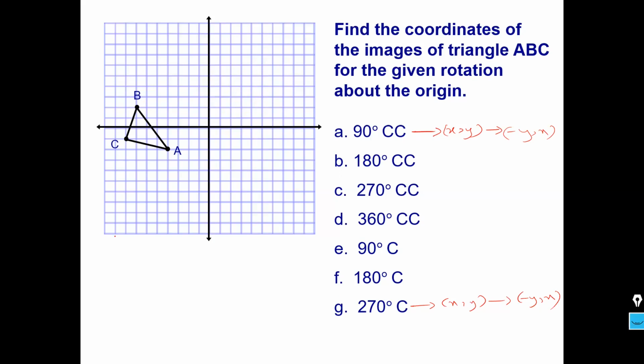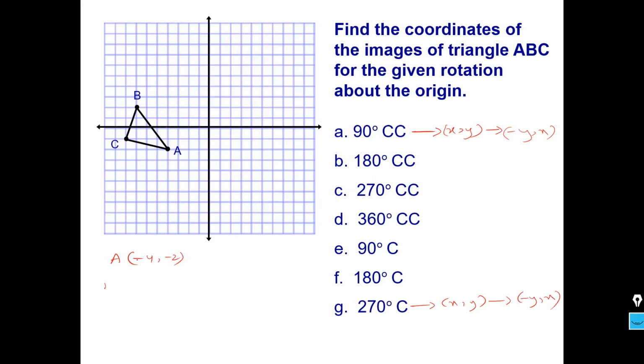First of all, we know A is 1, 2, 3, 4: -4 and -2. So A is -4 and -2.